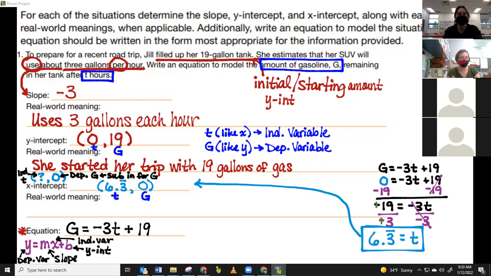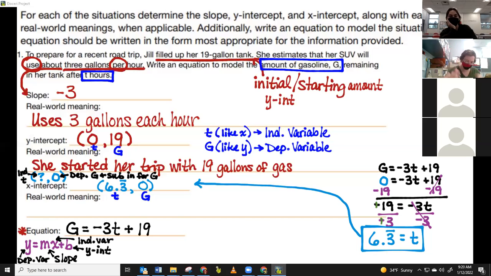6.3 is my time, my hours, and 0 is my gas. And those two things go together because it makes a single ordered pair, a single point. What in the world does that mean in real life here? In 6.3 hours, you have 0 gallons in your gas tank.